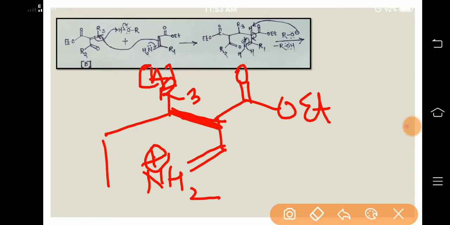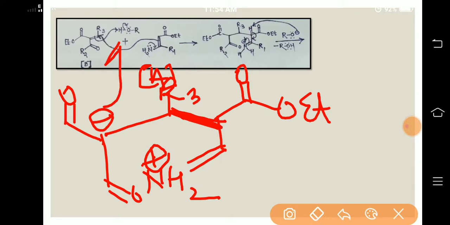It will create a negative charge at this alpha carbon. Now this alpha carbanion will abstract a proton from the alcohol, which is used as a solvent in the reaction medium.